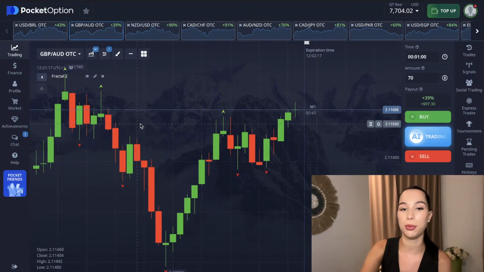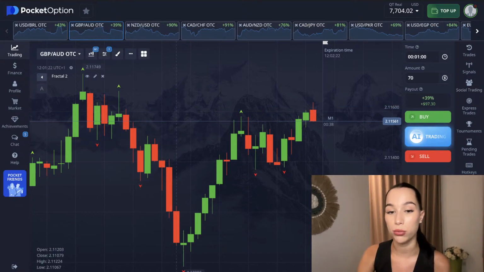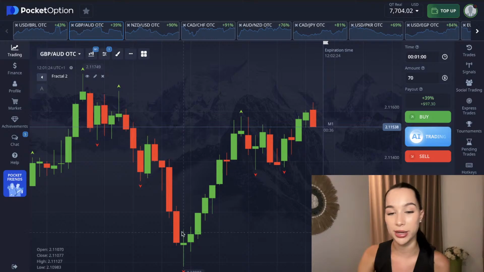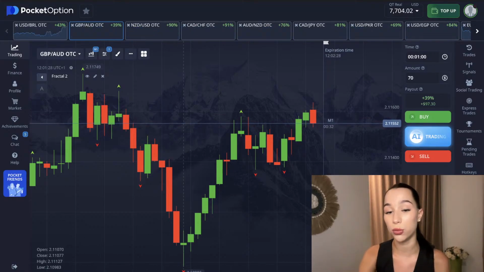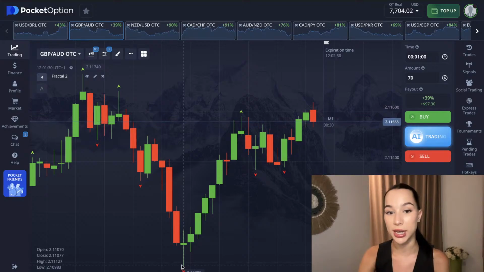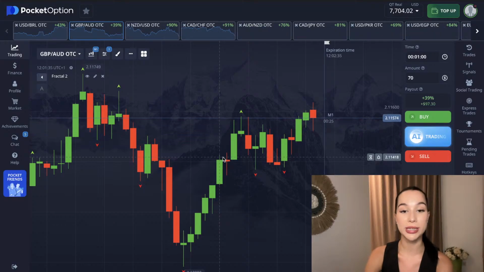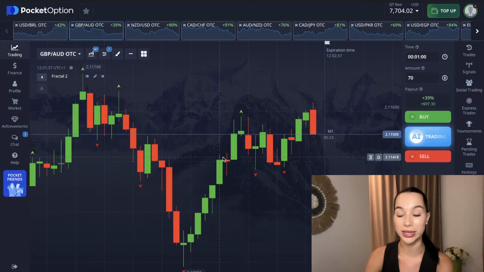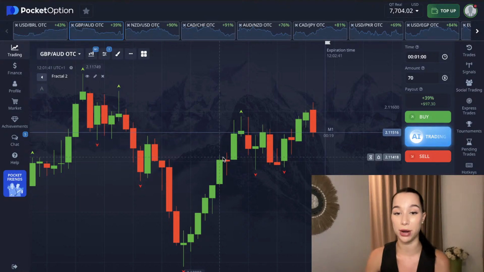But for example, we can see that here we got a red arrow, right? It was a downward trend. Here we can see some candle fluctuations, and here we got the red arrow. And when we see that, we can see that the chart went higher. So it's like the opposite signal. When we see the red arrow, it's not a sell signal, it's a buy signal. It means that really soon our chart will go in the upward direction.